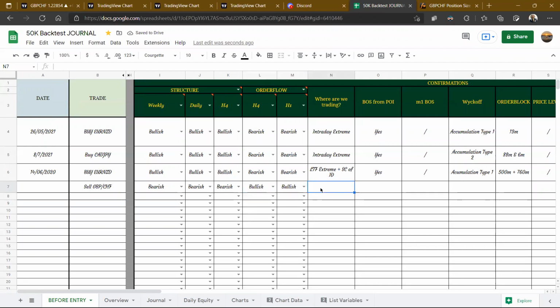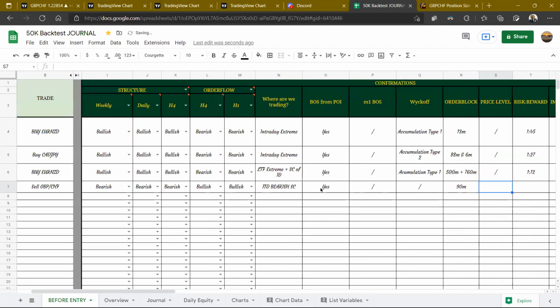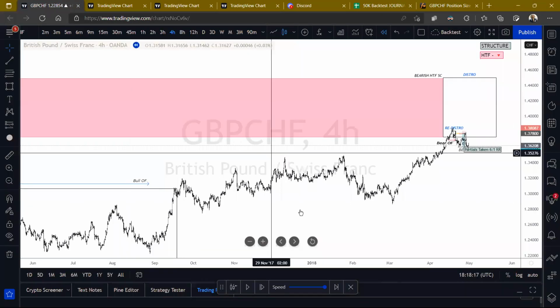Where are we trading? We're trading intraday. Reconstruction concept. Yes. Because order block and 191. Price level 191. Executable to TP3.